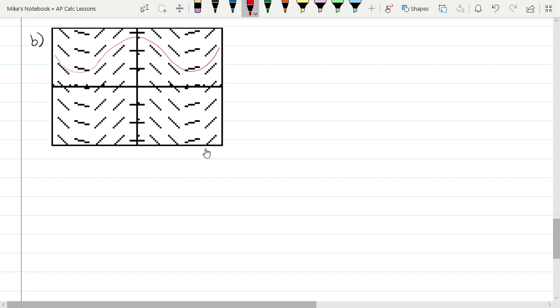Now, specifically, remember that sine would start at 0, 0 and go up and then go down. And that's not what's happening here. Cosine, however, starts at 1 and it goes down first and then it comes back up. And that is what seems to be happening in this particular slope field. So a possible solution indicated by this slope field might be y equals the cosine of x.